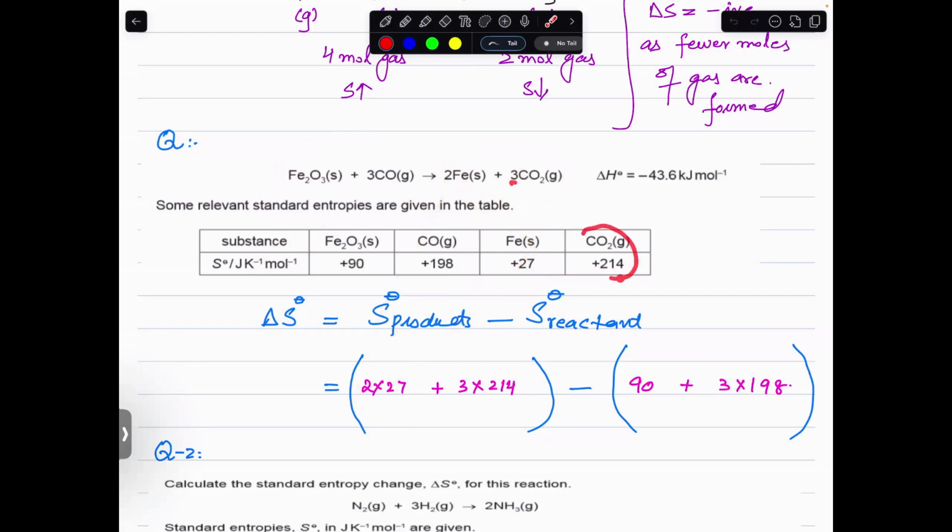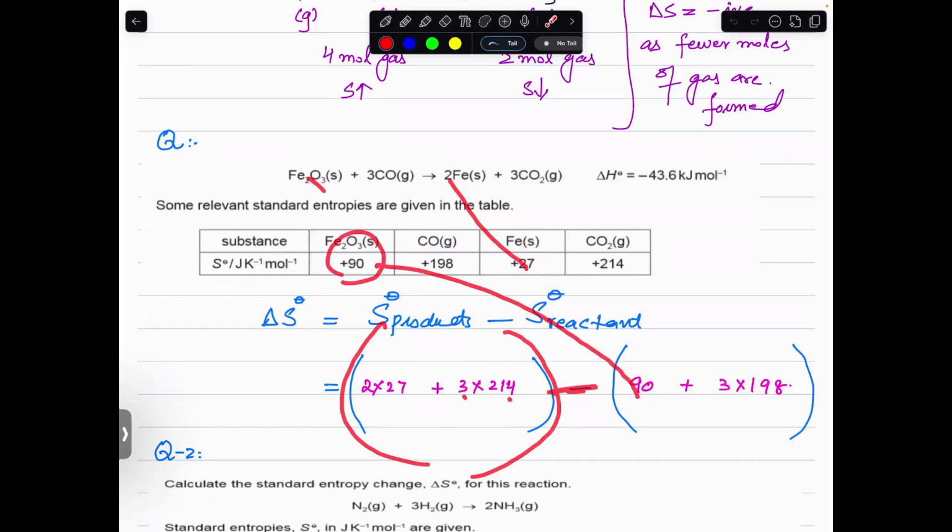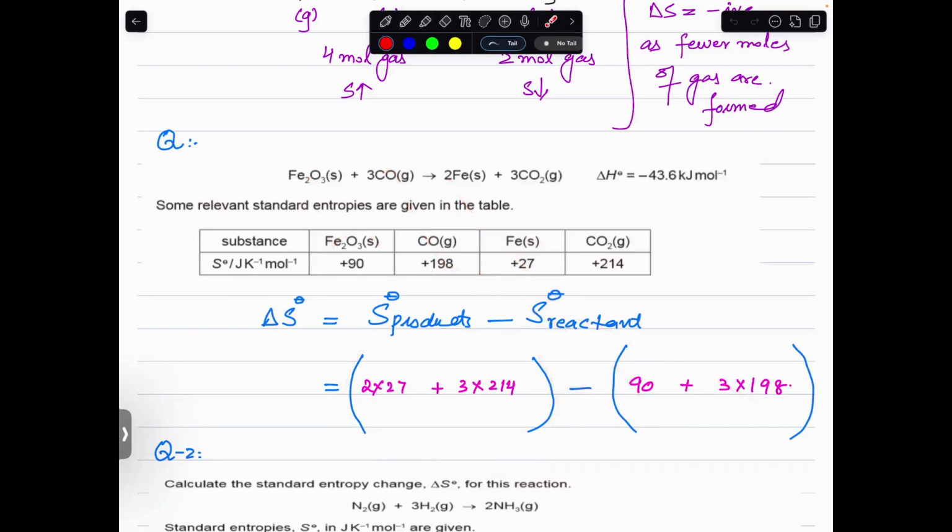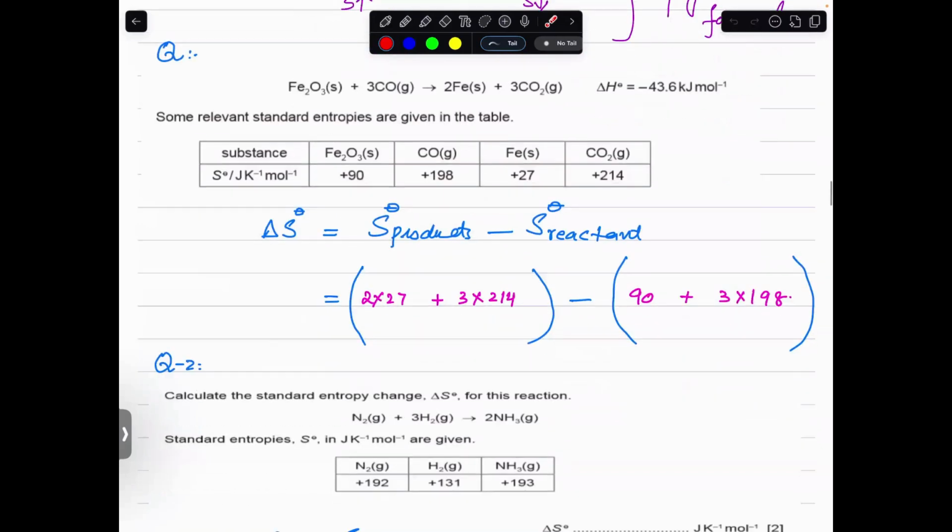This is for 1 mole, but there are 3 times. So 2 into 27 plus 3 into 2 into 14, product minus 1 Fe2O3 and 3 times this. If I get positive, this shows that the product has more disorder, but if I get negative, the product has less disorder. It depends.